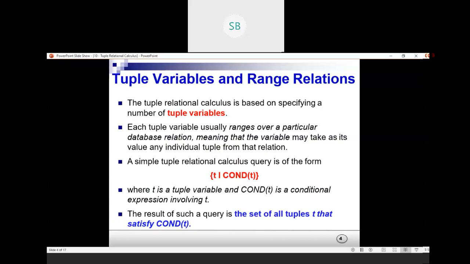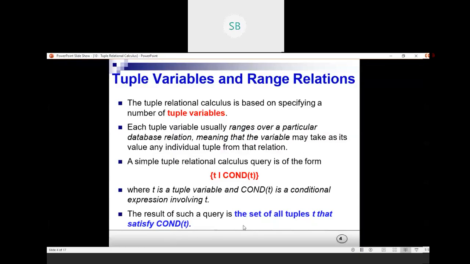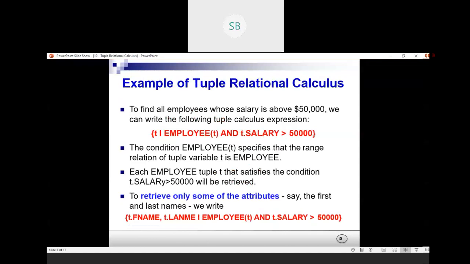This is the basic syntax, where t is a tuple variable and cond is the condition on t. This gives the set of all tuples t that satisfy the condition of t.